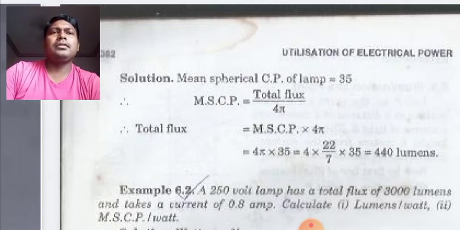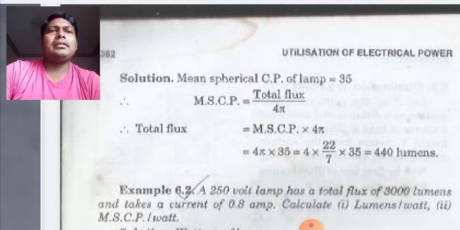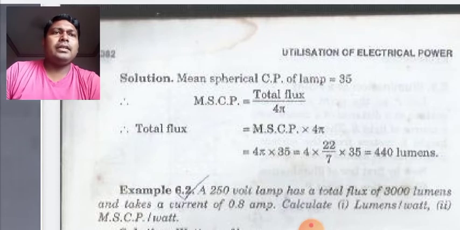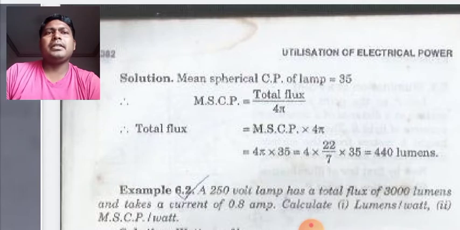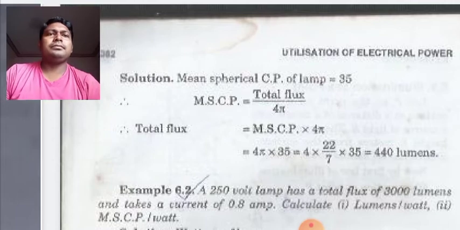You just have to cross multiply to find the total flux, which is MSCP into 4 pi. Now 4 pi into 35 is 4 into 22 divided by 7, the value of pi, into 35, which gives you 440 lumens.